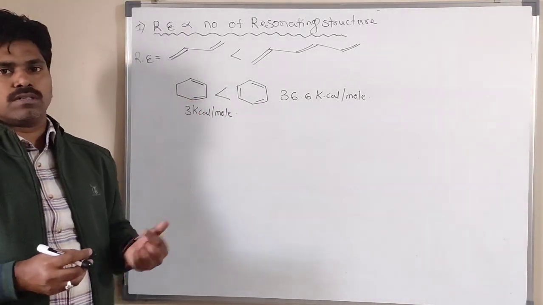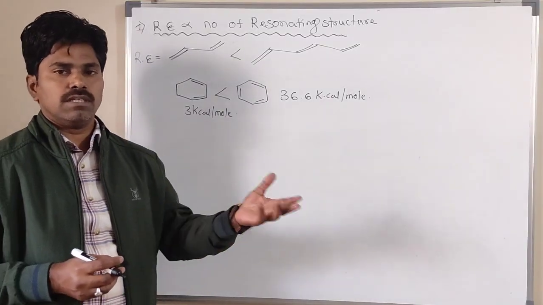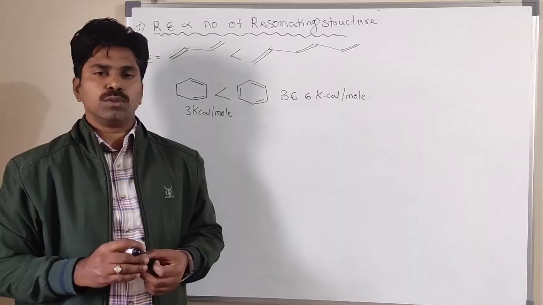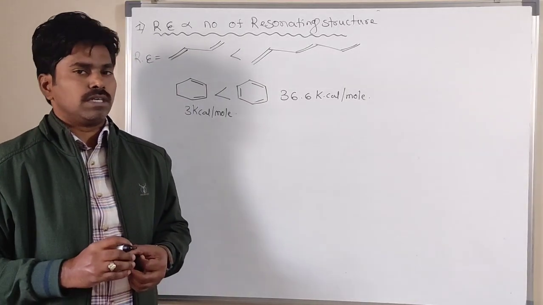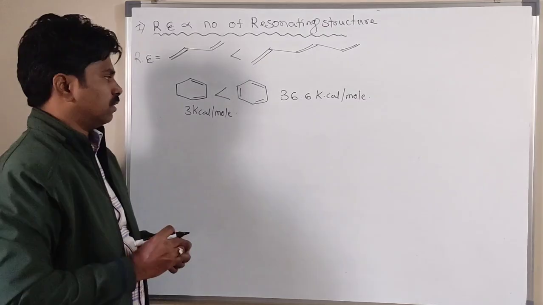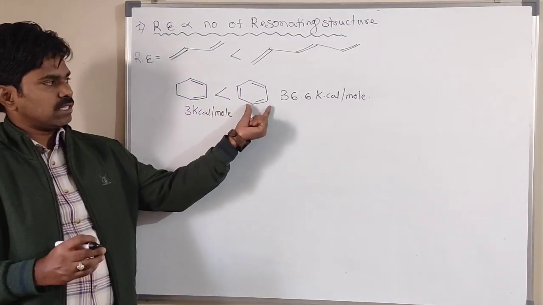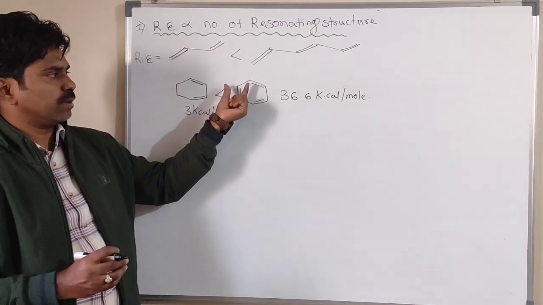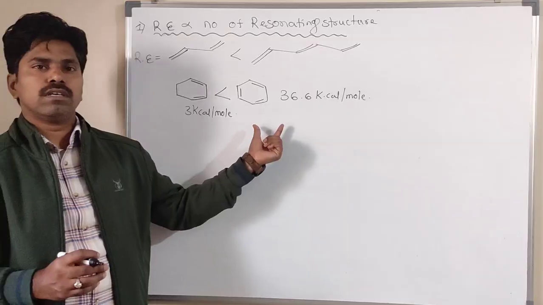There are 2 pi bonds; multiplying with 28.6, how much do we get? Okay, 57.2. Then minus the practical value, how much? Right, 54. So then we get 3 kilocalorie per mole. So the resonance energy here is in excess, because the pi bonds increase, so automatically resonance energy also increases.